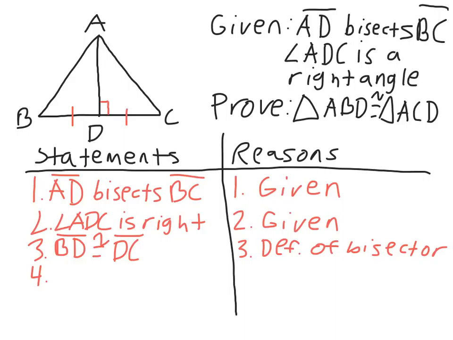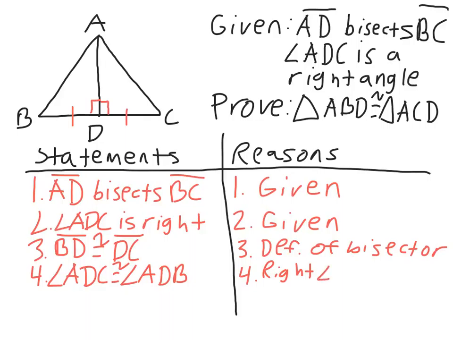So you would say angle ADC is congruent to angle ADB, and the reason is right angles are congruent. That's a quick shorthand to say right angles are congruent.